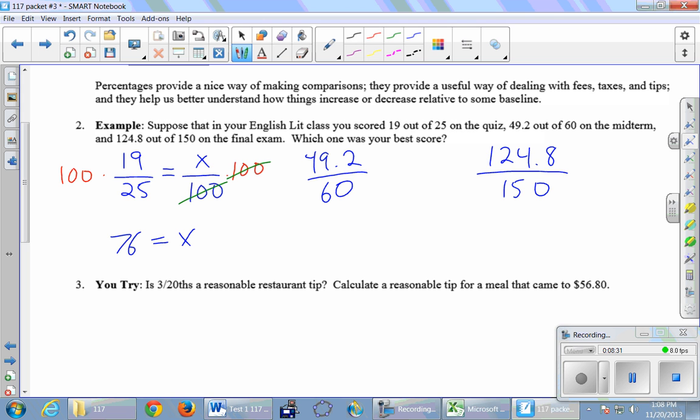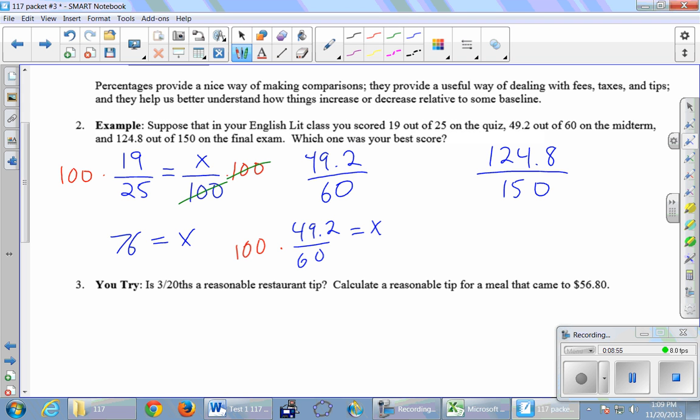Okay, so what did we end up doing with 19 out of 25 just to get the answer? We multiplied it by 100. So it's a little shortcut. I don't think it's worth memorizing, but I'm going to take advantage of it in this next line and just say, okay, in this one, I'm just going to take the 49.2 divided by 60 and multiply it by 100. And that's my shortcut for finding the percent.